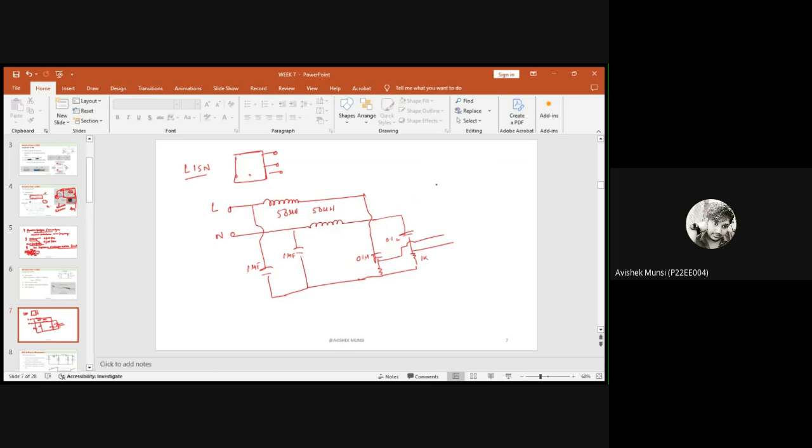So this is what is inside this LISN, and from here you have to connect your device which you are going to test, or the converter having a load itself. So this is totally the LISN.